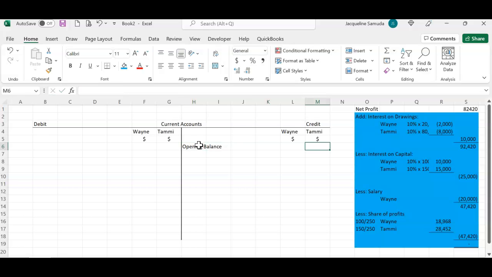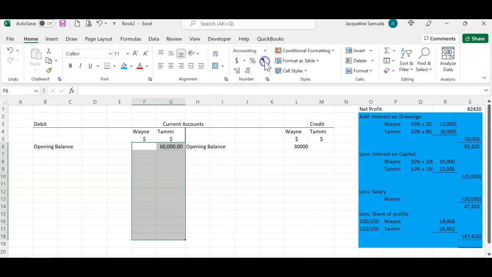So Wayne had a credit balance of $30,000 in his current account. And Tammi had a debit balance opening of $60,000. Let's prepare the space to adjust the numbers automatically.